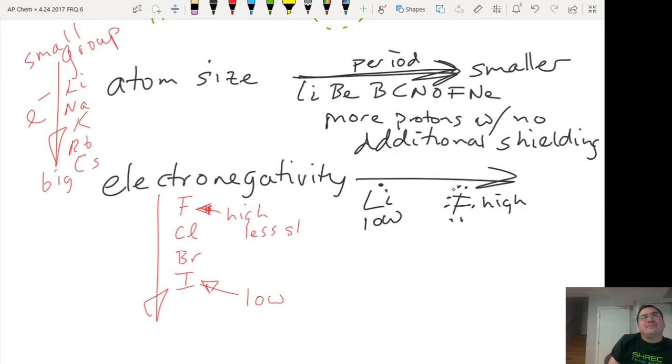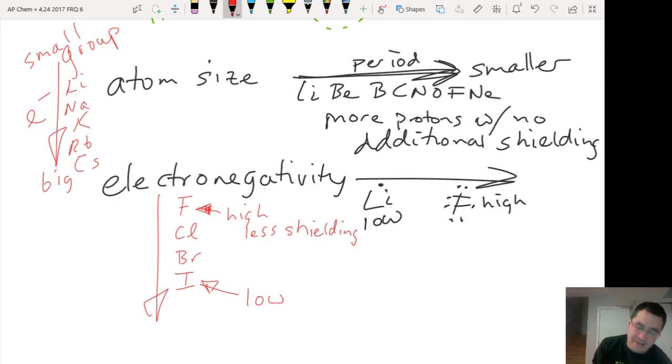Actually, how about this? It just experiences less shielding. That's probably the best response. They all experience similar amounts of shielding because they all have full cores and they all have 7 valence electrons.